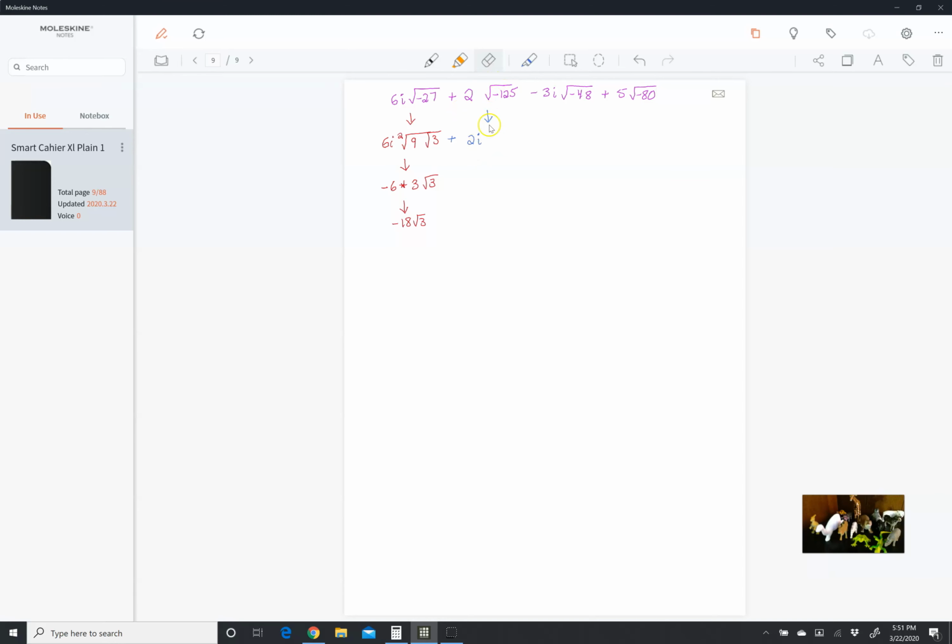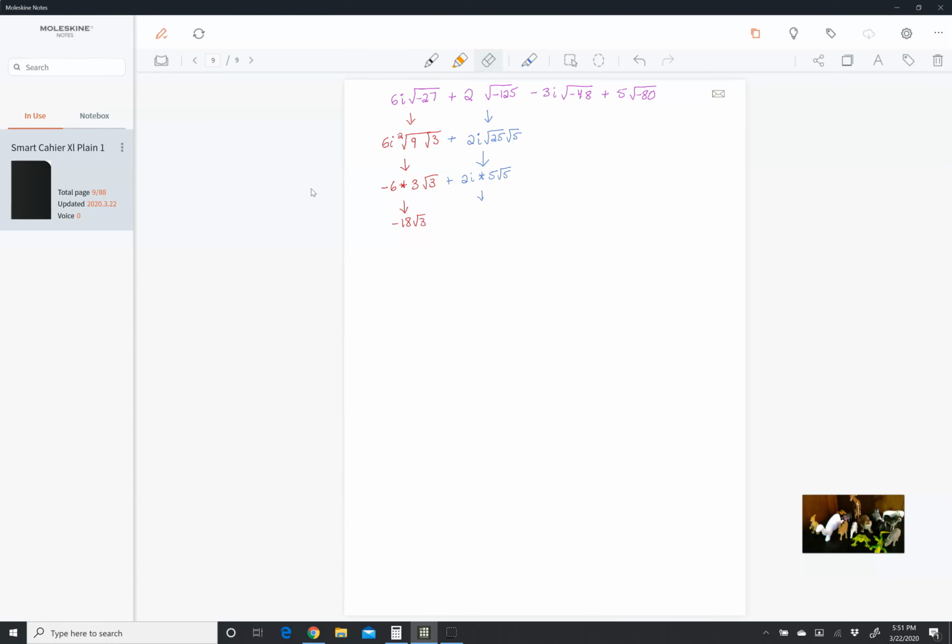This negative, the i came from the negative under the square root. And square root of 125 can be broken up into square root of 25, square root of 5. And then from here, we bring this down. That plus stays. And now we have 2i times 5, root 5.